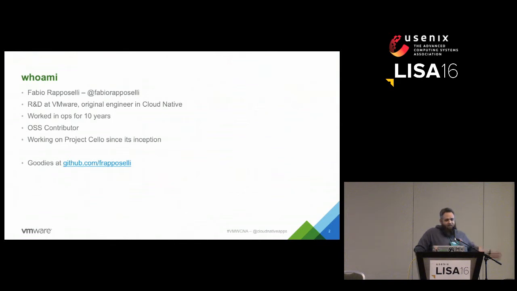I also used to be a very active open source contributor. Before starting to work on Project Cello, that's how I spent 100% of my time at VMware. For a good chunk of 2015, I contributed code to pretty much every DevOps tool out there, especially around VMware compatibility. So if you're running Docker Machine or Vagrant against VMware platforms, there's a pretty good chance that you're using code that I wrote.